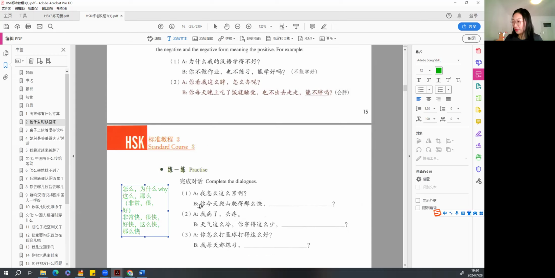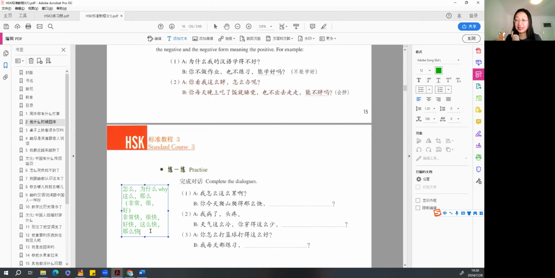So all of those, 非常, 很, 好, 这么, 那么, are all to describe the level of this adjective.